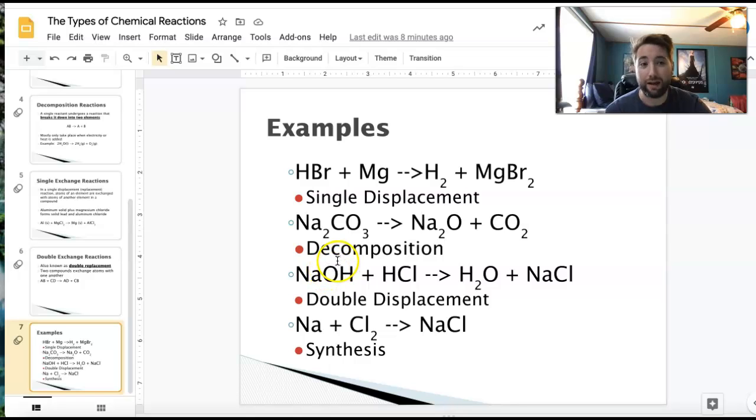You can rewrite HOH as actually H2O. Kind of cool. All right, and then we've got Na plus Cl on this last one. There are two things on the left side, so we've got two reactants, and that's going to form one product. So you can say, okay, that's going to be synthesis, combination. All of those are the same thing.